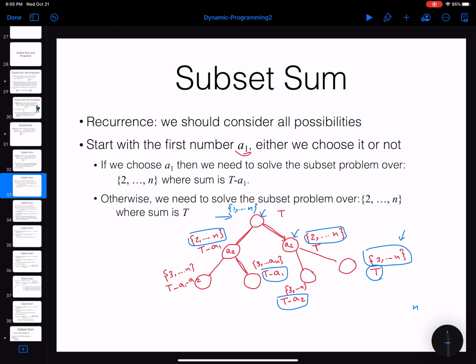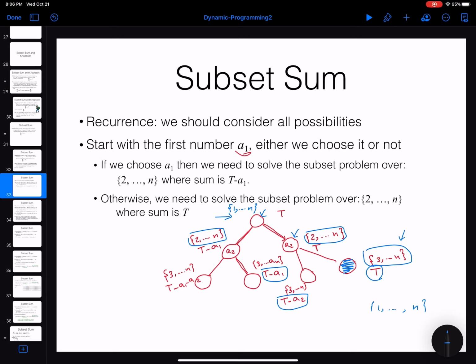It doesn't matter whether you are choosing all of them or none of them, in fact. But you have this choice. You have access to all the items from 1 to n. You can take them or not. For example, if you have this case of 3 to n, it doesn't mean that the optimal answer you find for this node is going to definitely take 3 or not. It's just telling you that from the item index 3 to n, you have a choice. You can choose any of these items.